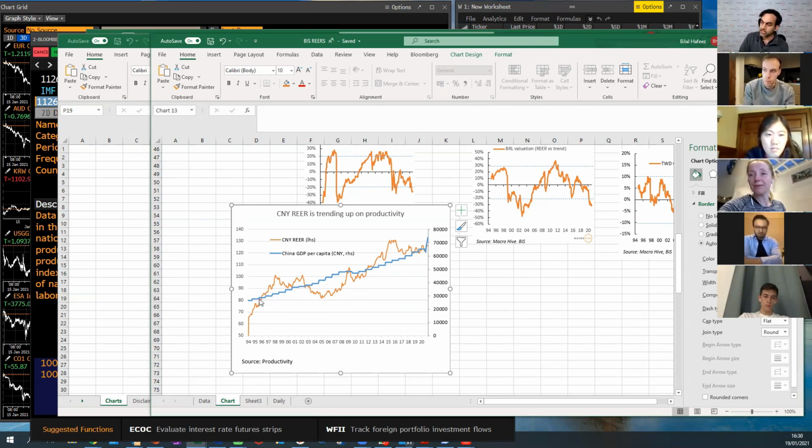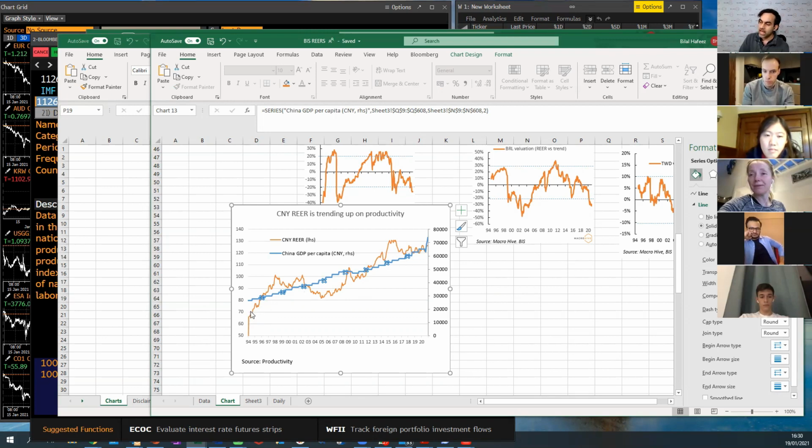You see that China's productivity has been going up sharply. So in 2010, GDP per capita in renminbi was around 50,000 renminbi per head, and today it's 70,000. So that's a really big increase. It's been trending up over time.